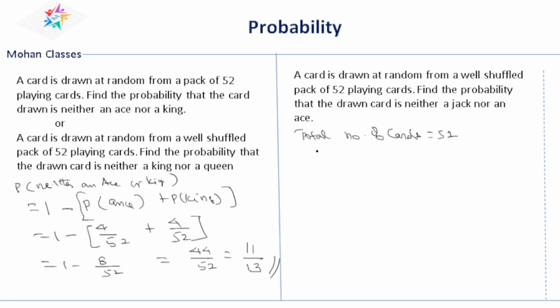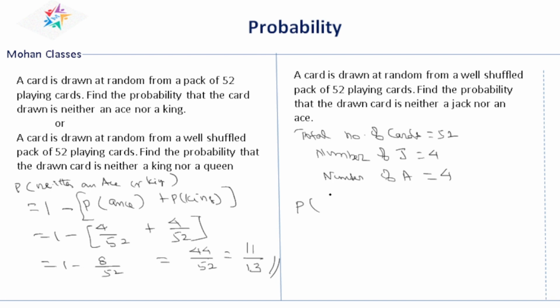Number of jacks is equal to 4 and number of aces will be 4, right?